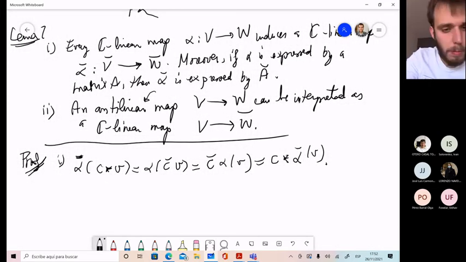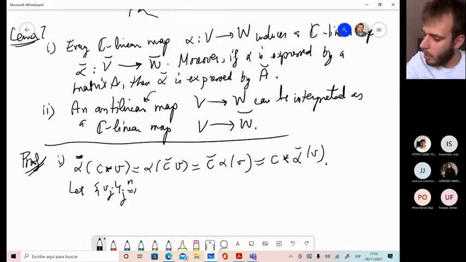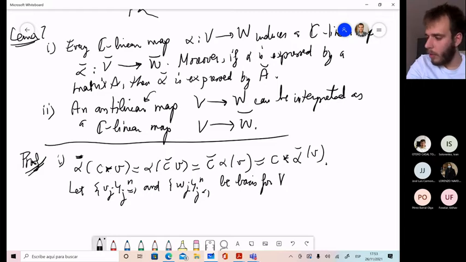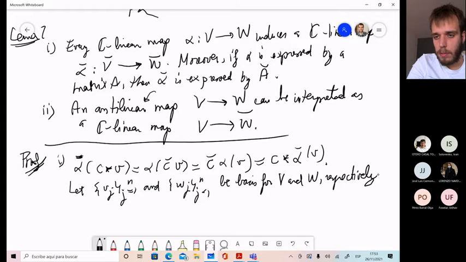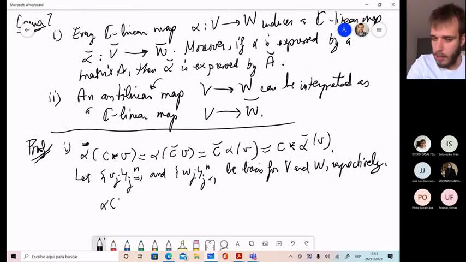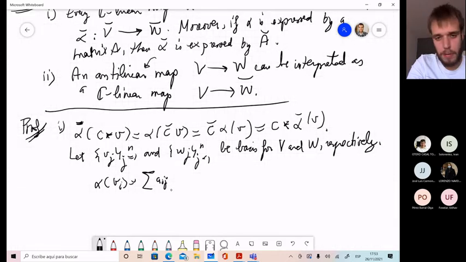So this is the first part of one. For the second part, I have to pick a basis. Let v_j and w_j be bases for V and W respectively. Then alpha v_i is equal to a linear combination of the w_j with the coefficients of the matrix.